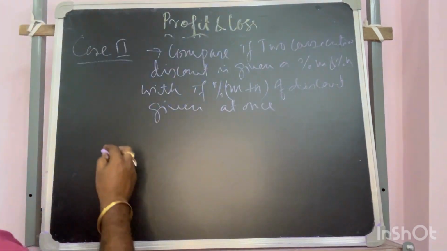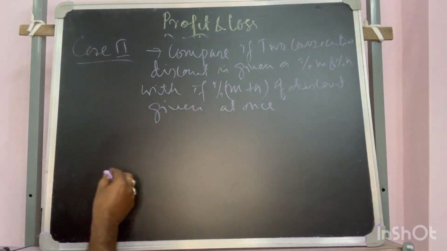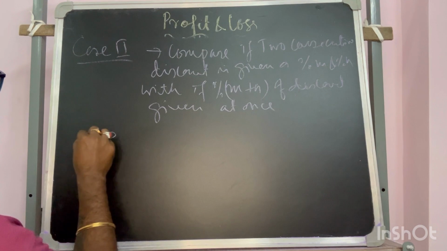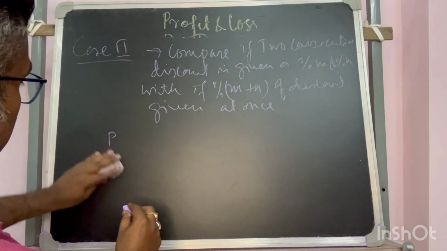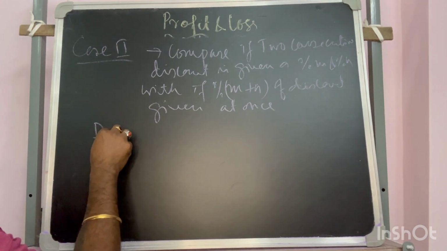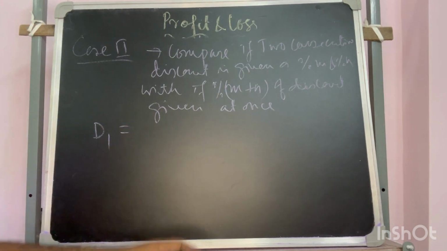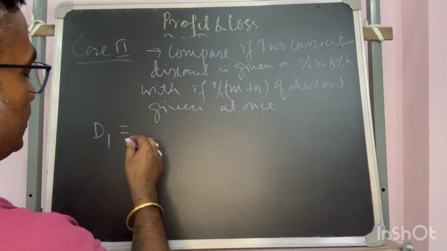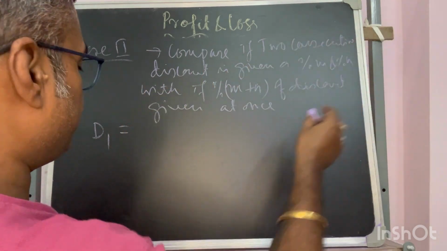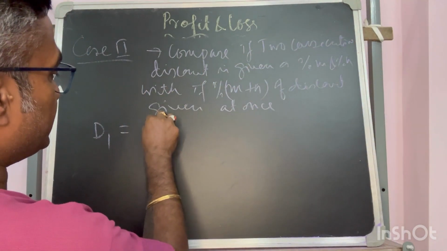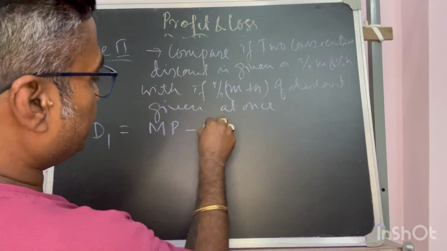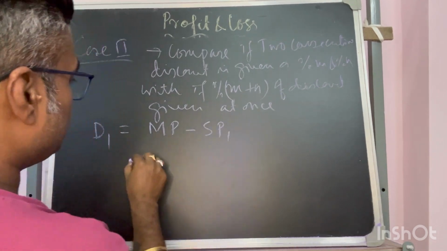Now we'll use the derived formula for SP for the first, the complete discount, when the cases are consecutive discount. So this is the market price minus sell price.